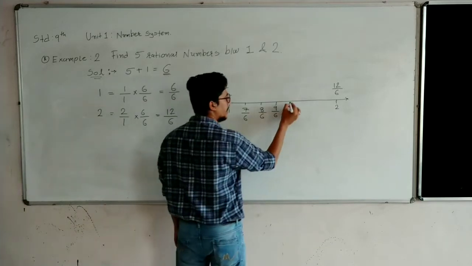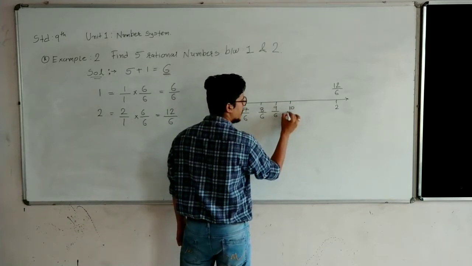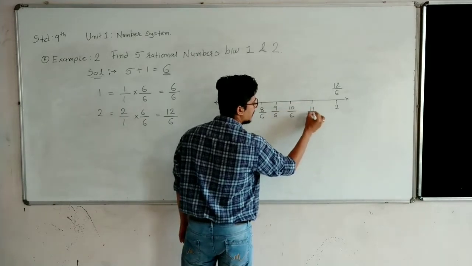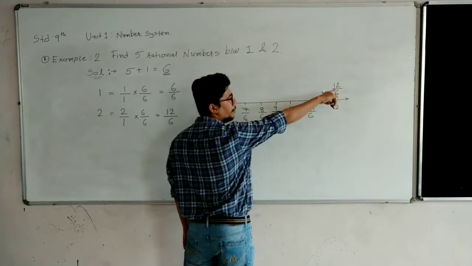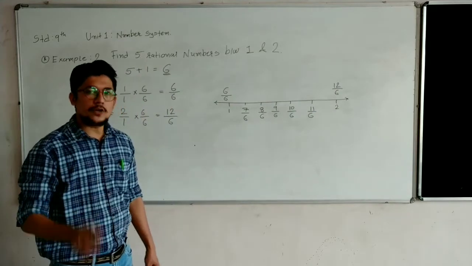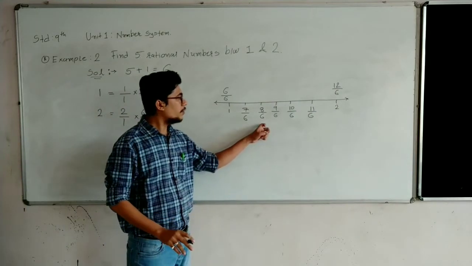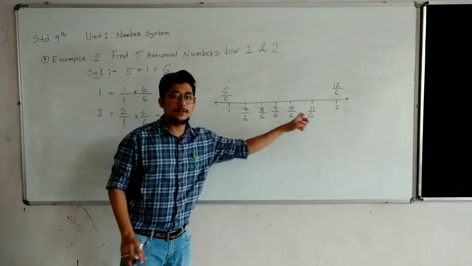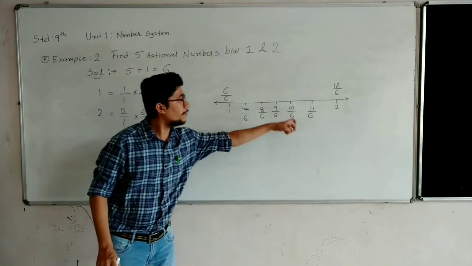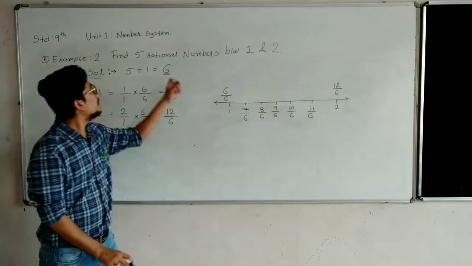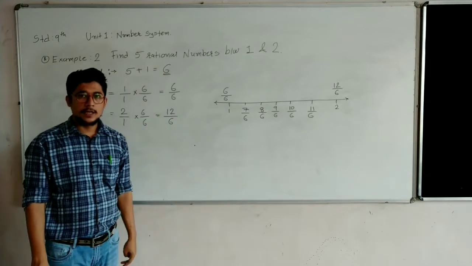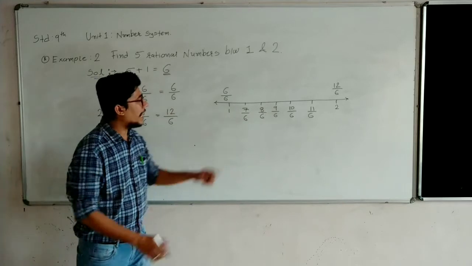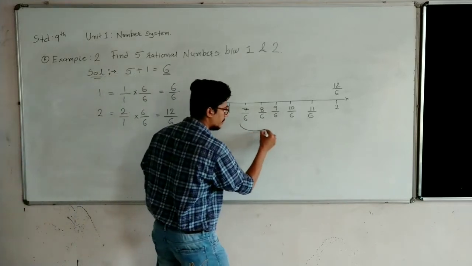Then 10 upon 6, then 11 upon 6. And finally 12 upon 6 is already there. So count here: 1, 2, 3, 4, 5. The exact number they have asked for. So between 1 and 2 we have obtained 5 rational numbers.